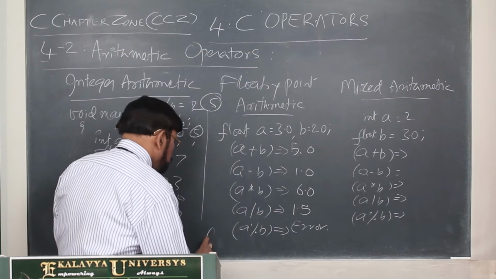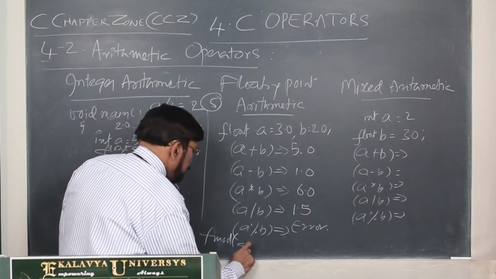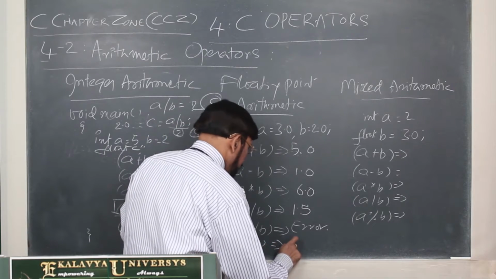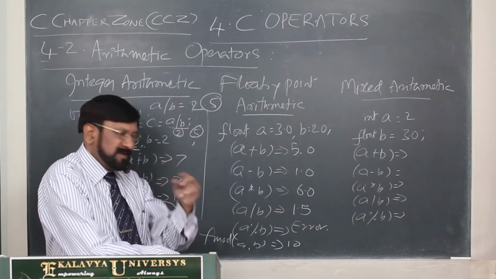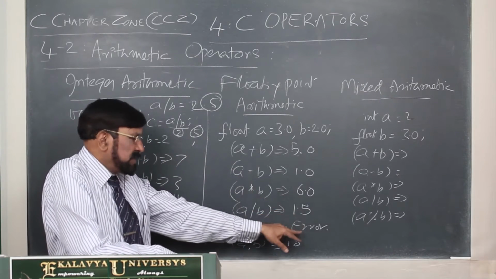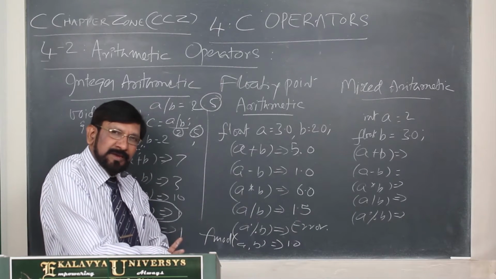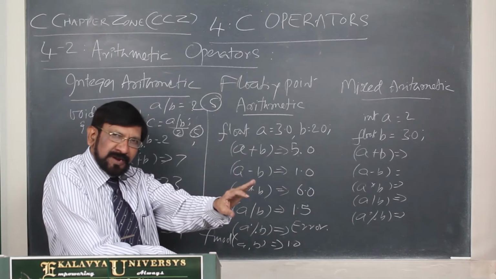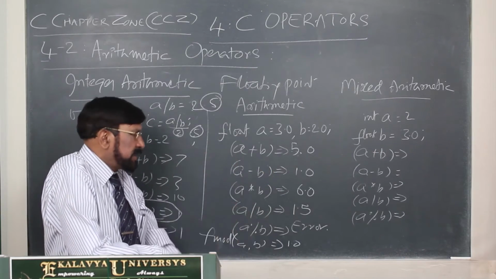If you use fmod of A, B, then you can get 1.0. That you have to understand. Because if you don't remember the limitations of it, definitely you commit an error. That's why you must be very careful in learning. Learn not only the features and functionalities, but also the limitations of the elements.